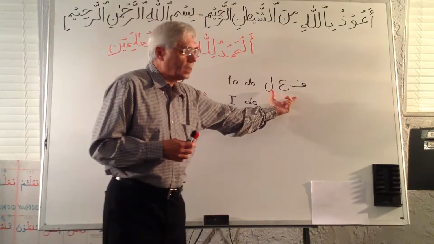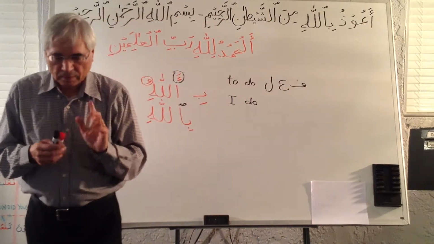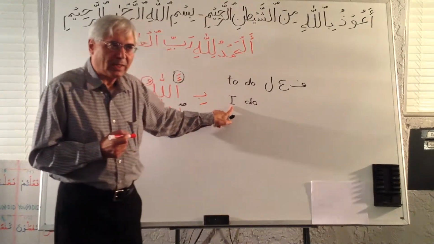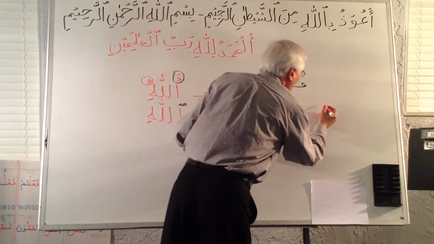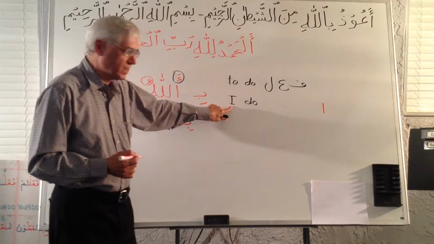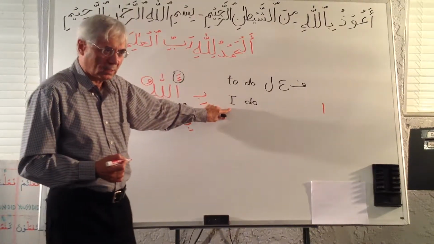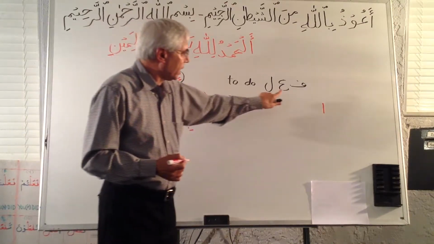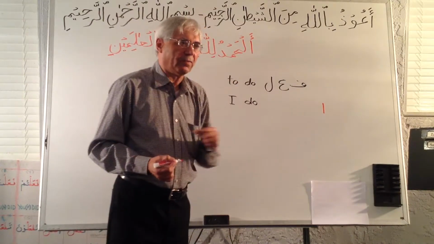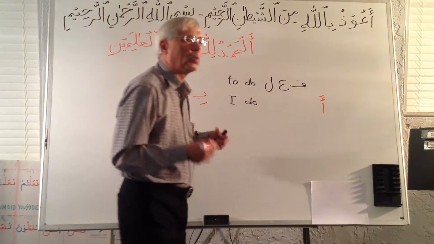How do we make a word in Arabic that means "I do"? The rule is that just like I put an "I" at the beginning here, I'm going to put an alif at the beginning. I removed "to" and put an "I" here in English. In Arabic, to make the meaning of this word, I add an alif, and I put a little symbol so I can pronounce it.